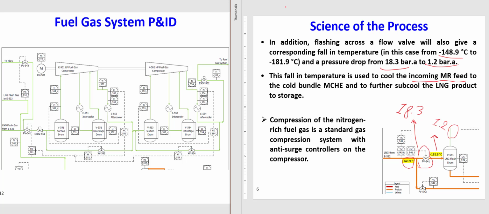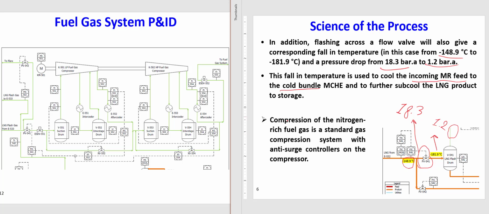If you remember in unit 4, this mixed refrigerant goes to the main cryogenic heat exchanger. So I can take advantage of this low temperature, cool it down, and then send it to the main cryogenic heat exchanger that goes to the cold bundle. Once you send this cold vapor to the heat exchanger, it will be in contact with the mixed refrigerant, and after that it will be warm.